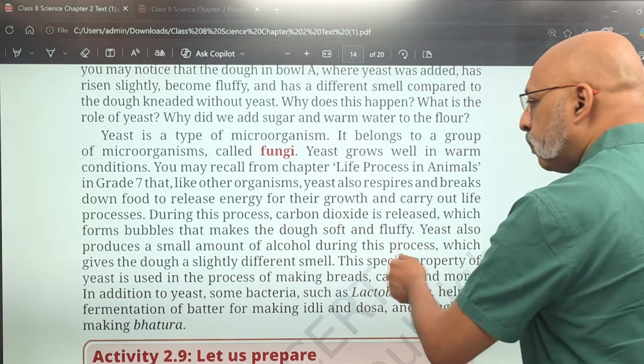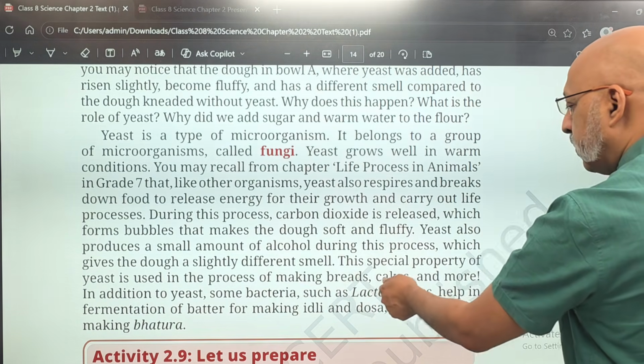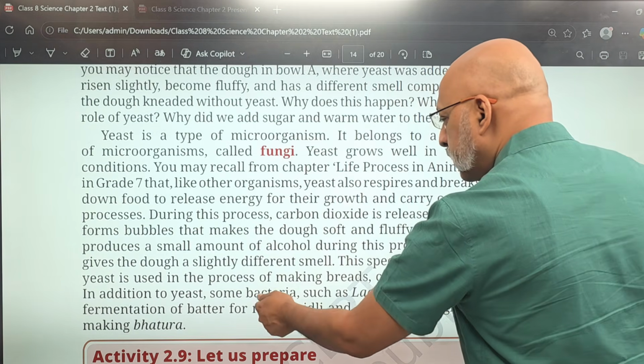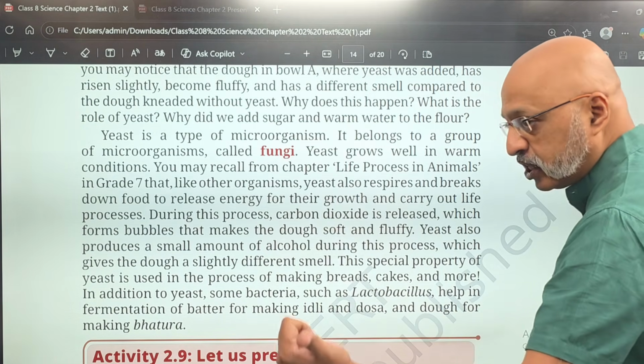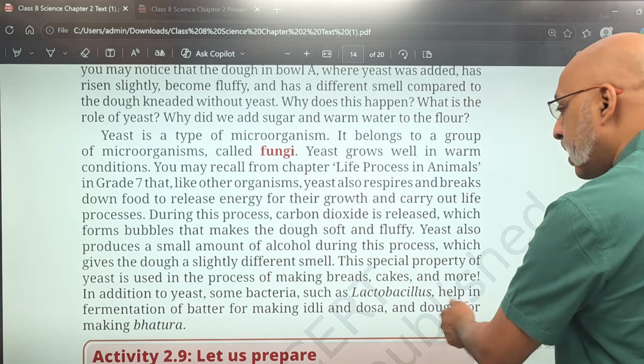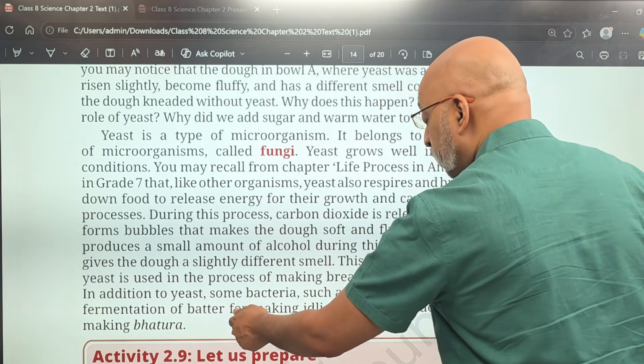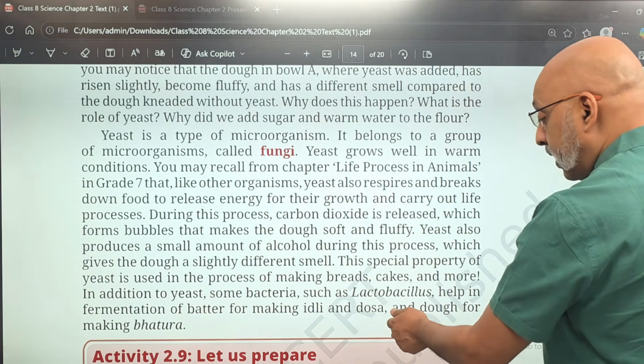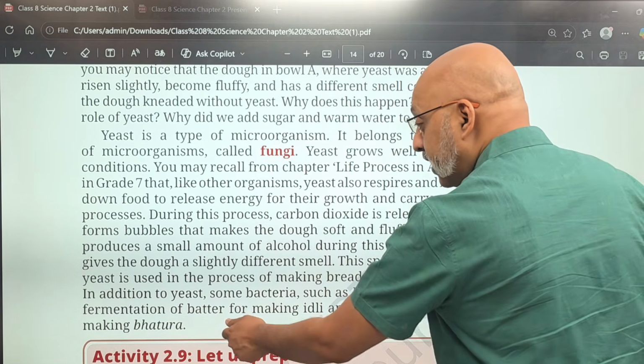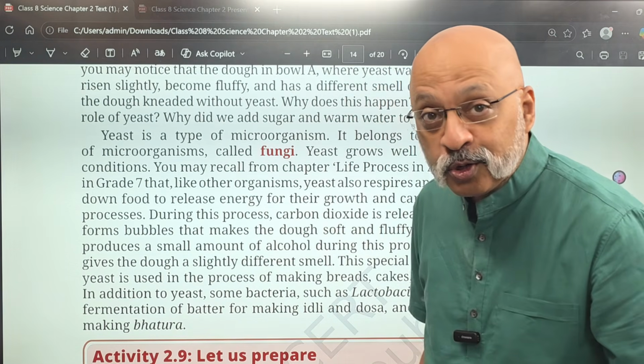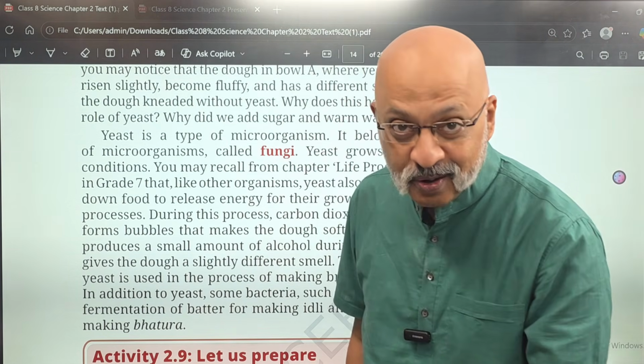Similarly, this special property of yeast is used in the process of making breads, cakes, and more. In addition to yeast, some bacteria such as lactobacillus, which I just now told you about for the preparation of curd, help in the fermentation of batter for making idli and dosa, and dough in the case of making bhatura to go with chole, to eat chole bhature, right?